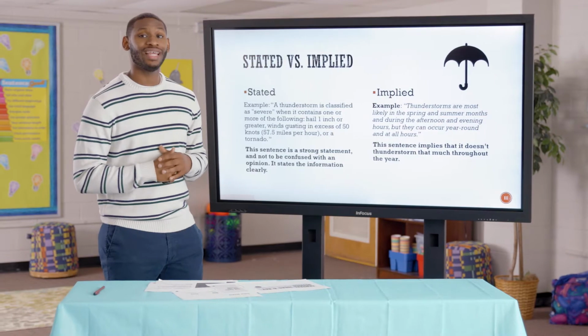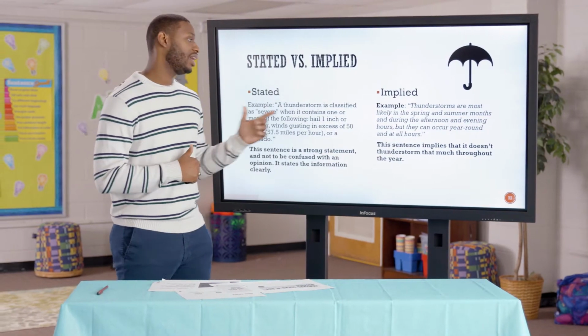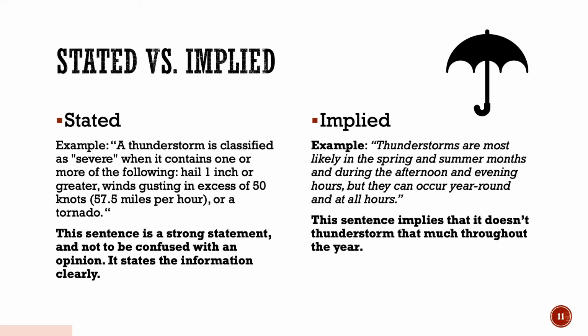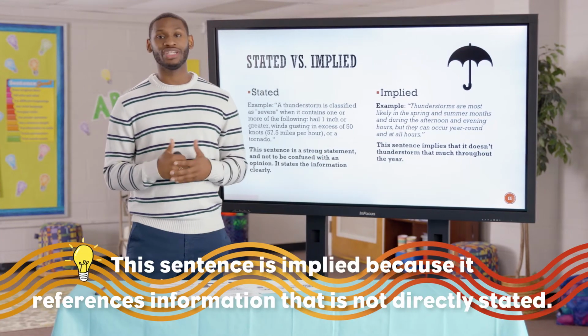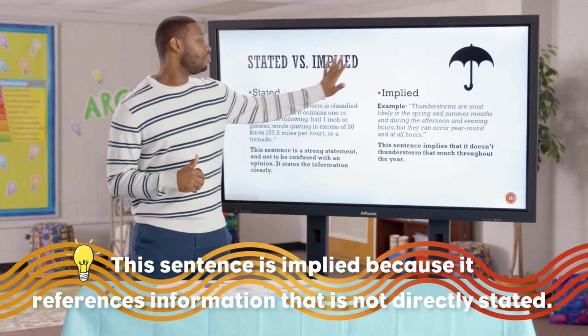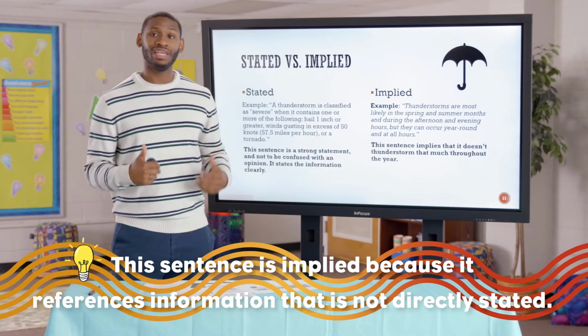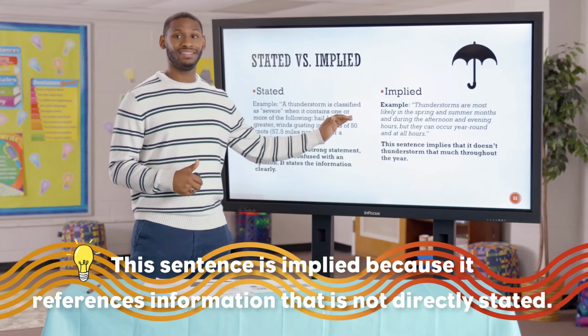Let's take a look at something that is implied from the text. Here's an example. "Thunderstorms are most likely in the spring and summer months and during the afternoon and evening hours, but they can occur year-round and at all hours." So this sentence implies that it doesn't thunderstorm that much throughout the year. Now, implications mean simply that it's not directly stated, all right?